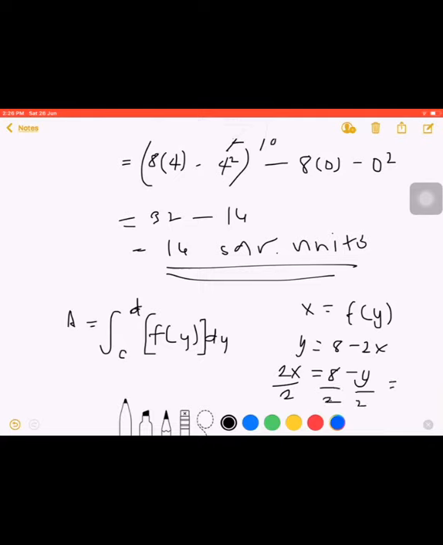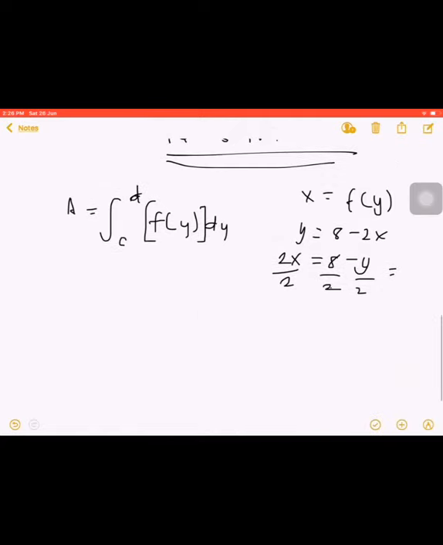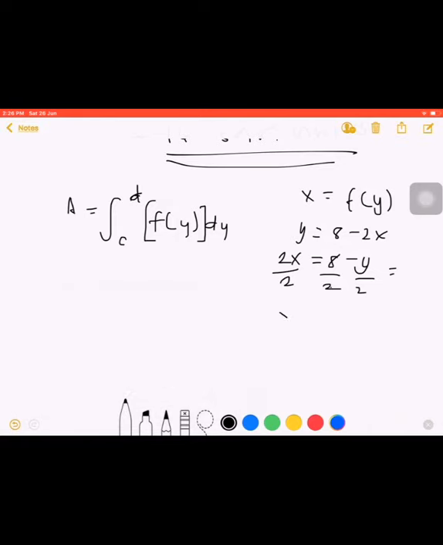So for x, we get 4 minus 1/2 y. Therefore we can say that f of y is equal to 4 minus 1/2 of y.